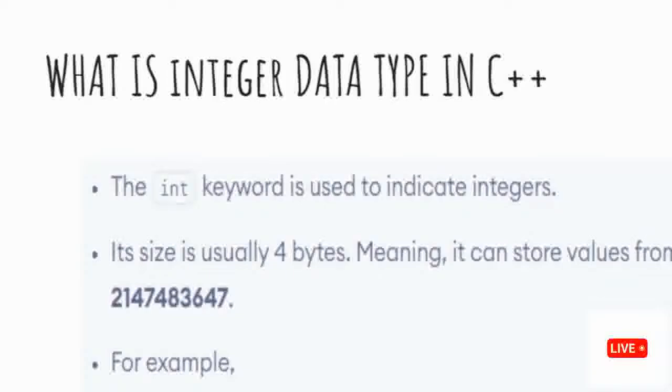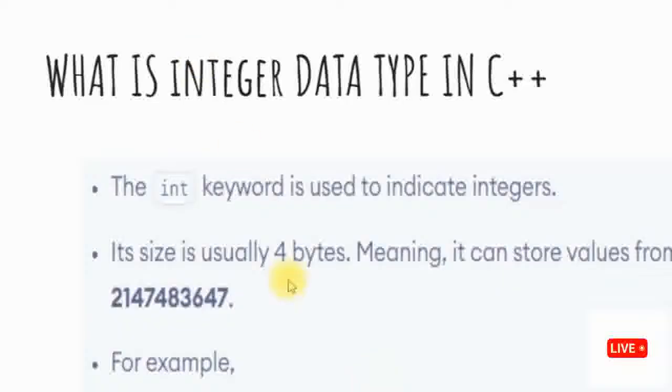If we write int salary and assign the value 85,000, then 85,000 will be assigned to a variable called salary, and the data type for this variable will be integer. int is a fixed keyword that is used for declaring variables of integer type in C++.